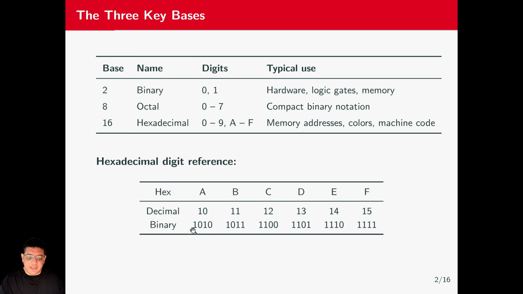For example, A is 1010, B is 1011, C is 1100, D is 1101, E is 1110, and F is going to be 1111. Now, the digits 0 to 9, of course, mean the same in all three bases. A through F are only going to be part of the hexadecimal base.